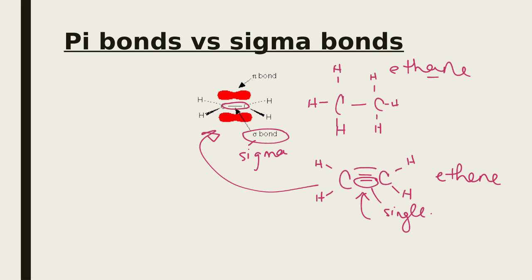And then this extra bond that is appearing, or if there was a triple bond, there would be 2 of them, these are what we call pi bonds. So you see the little symbol for pi, and there's the word for it there. They're showing you that the pi bond is either up here or it's down there. This is not a structure indicating that there are 3 bonds in total.